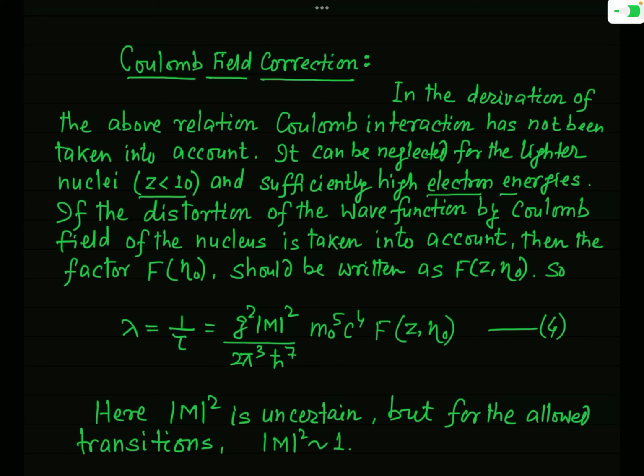If you are talking about nuclei having charge number less than 10 and the emitted beta particles are very energetic, then if you neglect the Coulombian interaction, you are not making a great mistake. You are actually calculating the correct value.